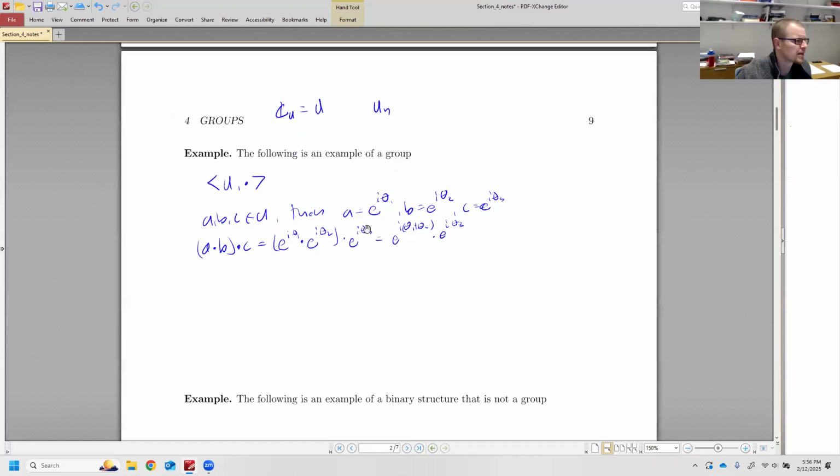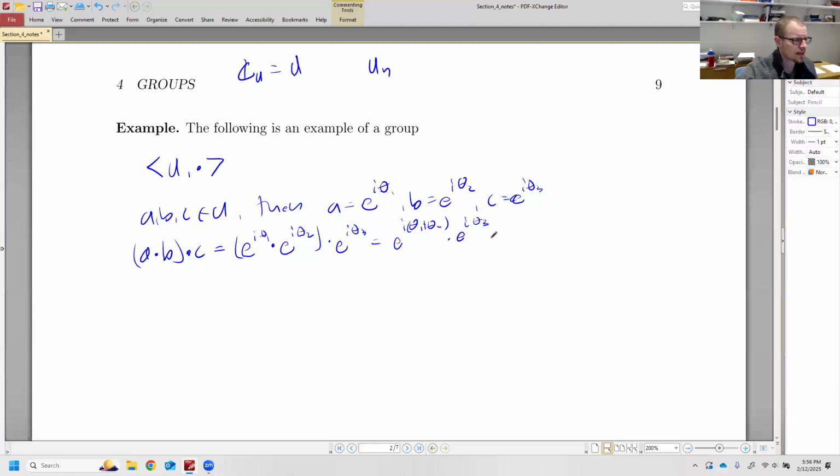Let's zoom in here. Maybe that'll be a little bit easier to follow along with. Which of course is e to the i, using parentheses here, (theta 1 plus theta 2 plus theta 3).